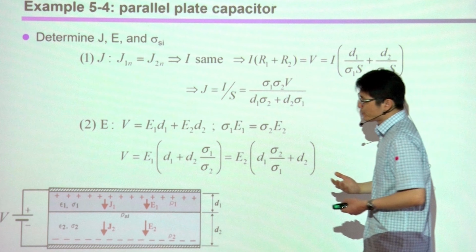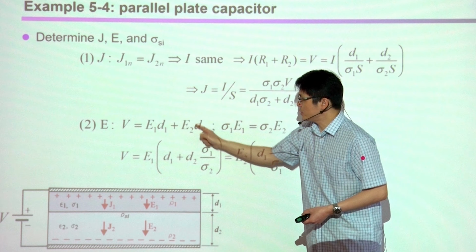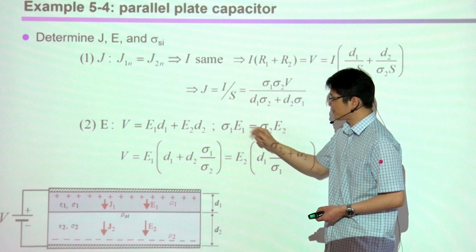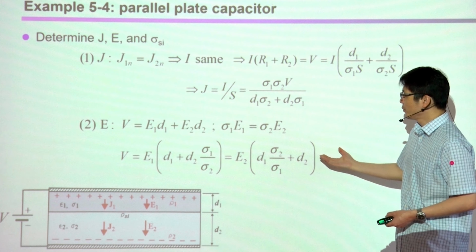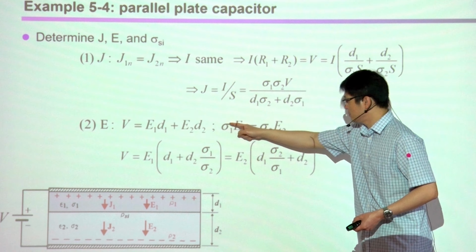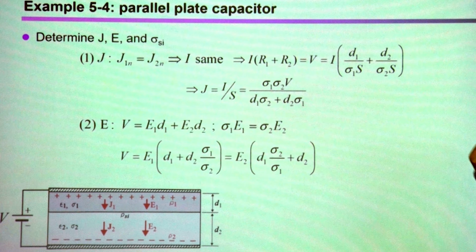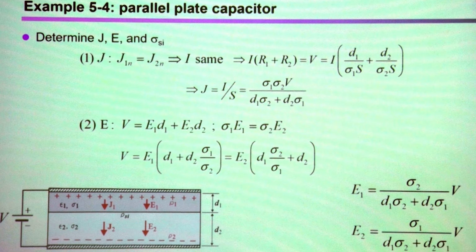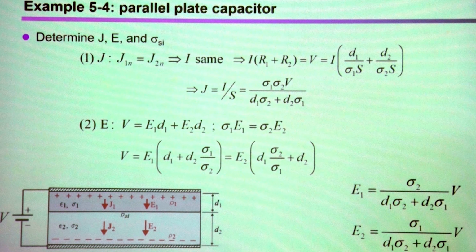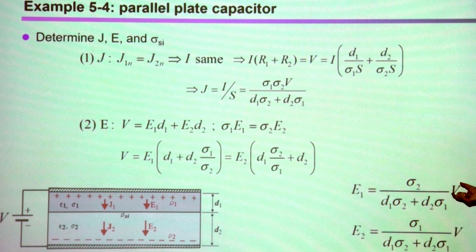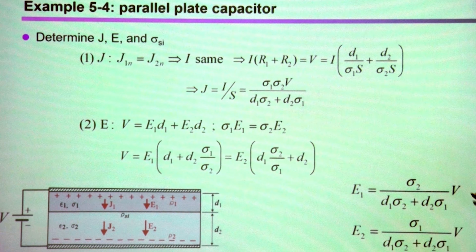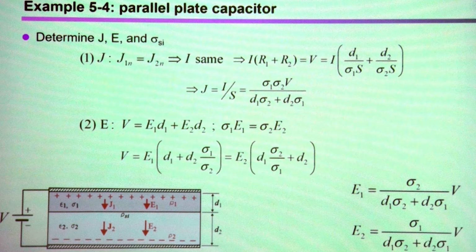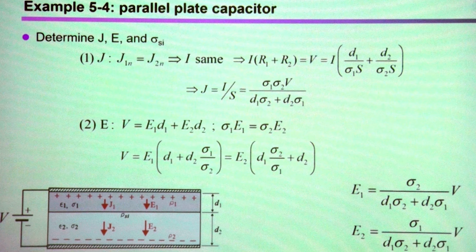So you have two ways to formulate it, right? You can express E2 as sigma 1 divided by sigma 2 times E1, which is this case, or you can replace E1 by moving this downwards. Okay, so you have two ways to express it. And that's what you have. Voltage is given, right? Voltage is given, so you can quickly derive the results for E1 and E2.